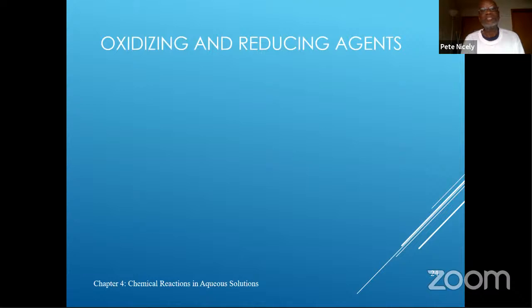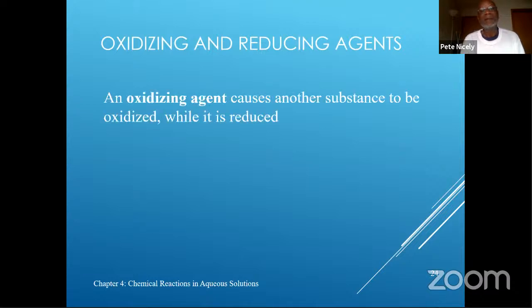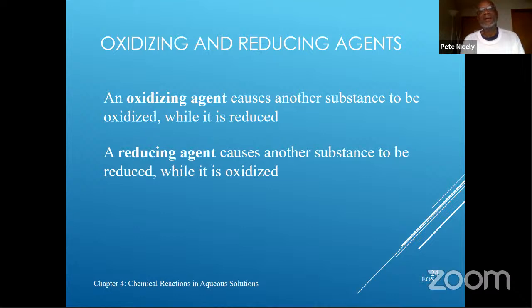So some other terms we need to be introduced to. An oxidizing agent is one that causes another substance to be oxidized while it is reduced. And a reducing agent is one that causes another substance to be reduced while it is being oxidized.